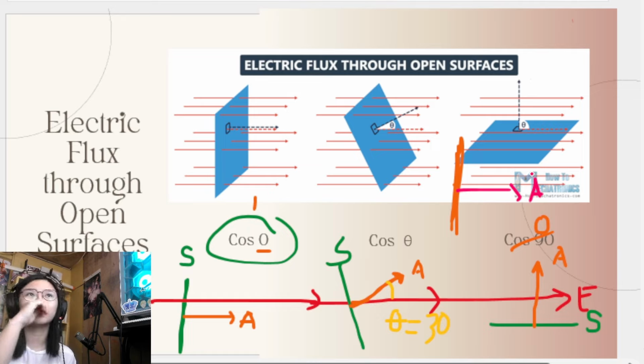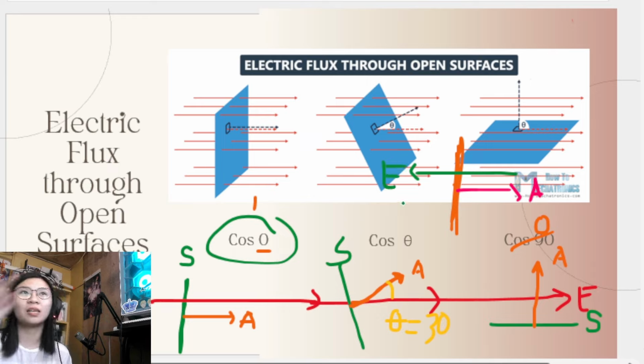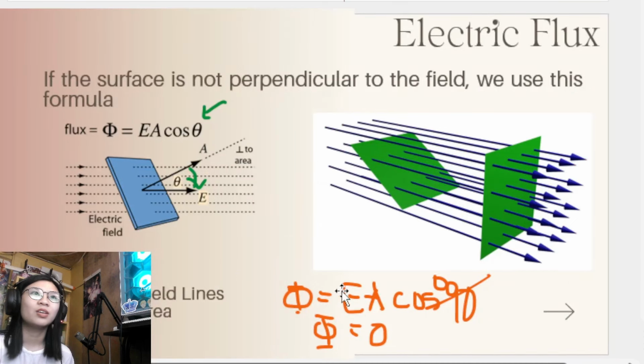But on closed surface, mas ma-explain siya tarong. But yeah, ingani siya. So, here, if we have A there, and your E is going this way, that is 180. Kaya baliktad na siya isa. Naa siya ka straight line. No? So, the angle between them is 180. Therefore, making your cosine 180 negative 1. So, pag negative ang imuhang cosine or imong theta, your flux also becomes negative.